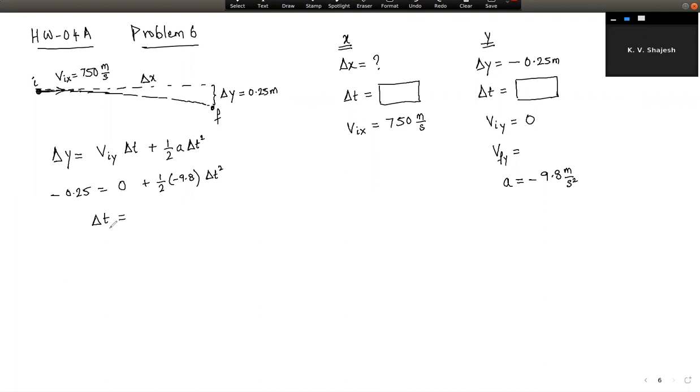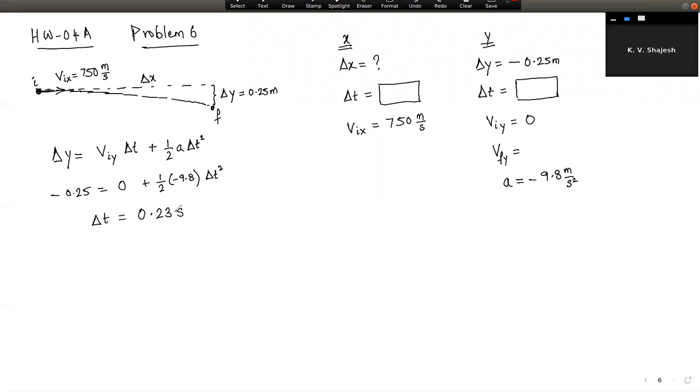So that's 0.051. Then we have to take a square root of that. That really makes it a small quantity. So that's 0.226, which rounds to 0.23 because there's 9.8. So we have 0.23 seconds.